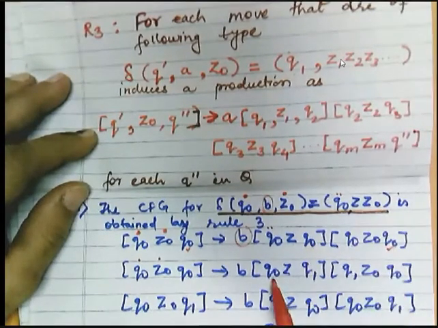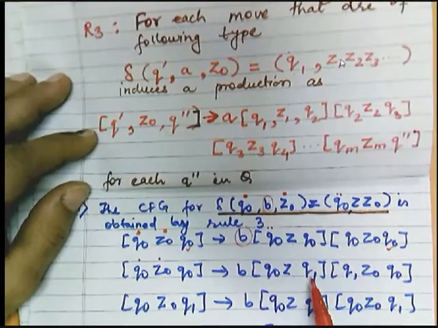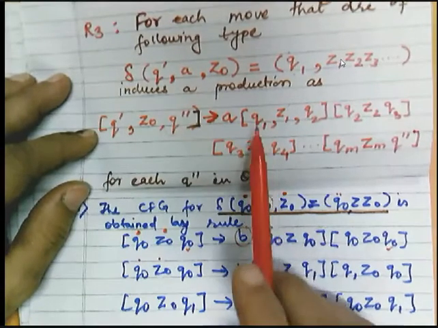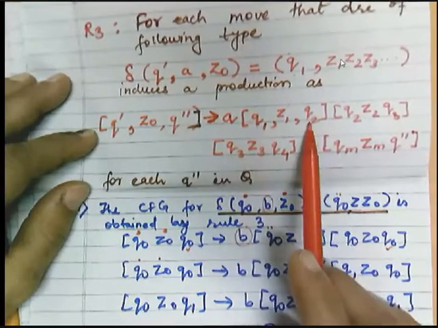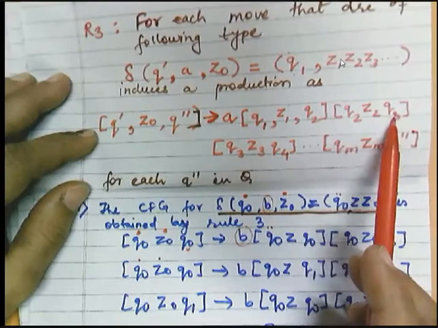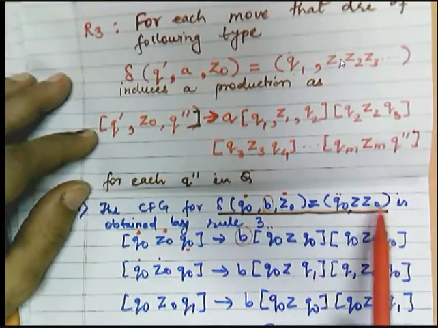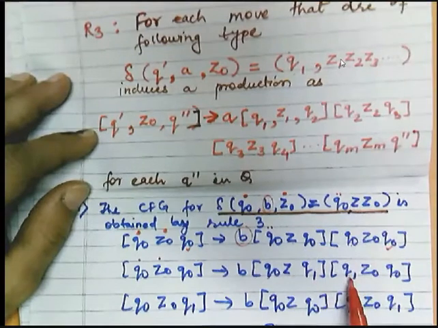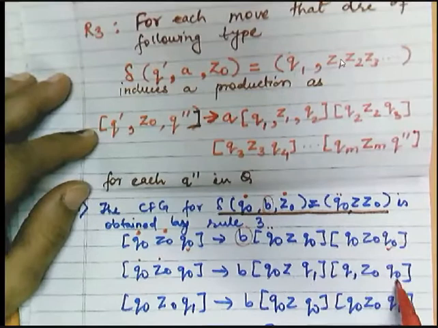Now next is Q0, Z, Q1. Then the next state, Q1 to Q2, like this. We started with Q0, now this is Q0, and this is Q0 to Q1 with the Z, and again we have Q1, Z0, Q0.